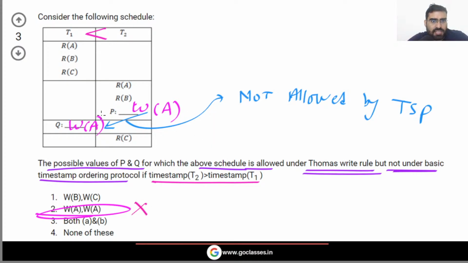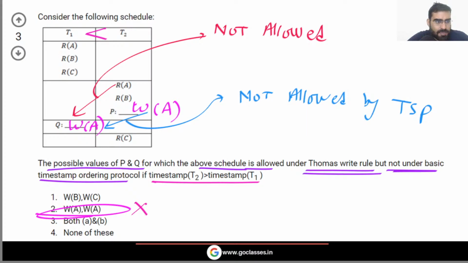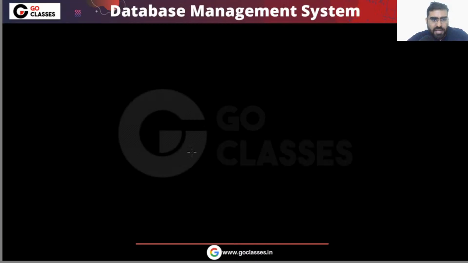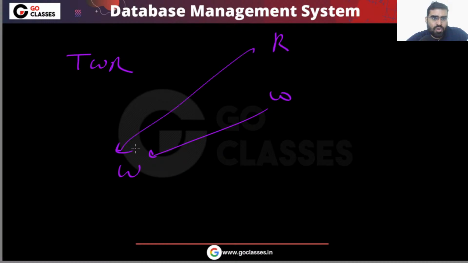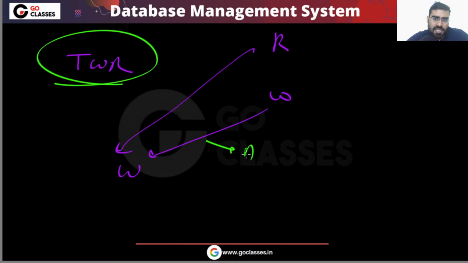This is also not the answer, because this is not allowed by Thomas Write rule either. Did I tell you this is the most common mistake people make? Whenever you see the words Thomas Write rule, your mind only goes there. Why are you forgetting this is not allowed? Thomas Write rule, this is allowed, this is fine, but this is not allowed, right?